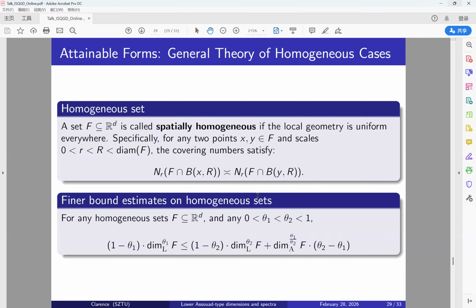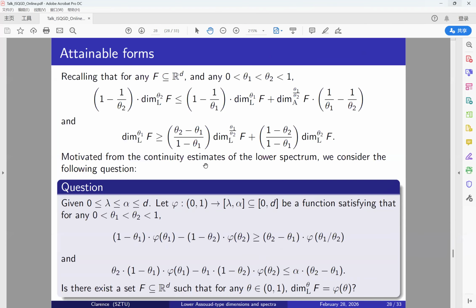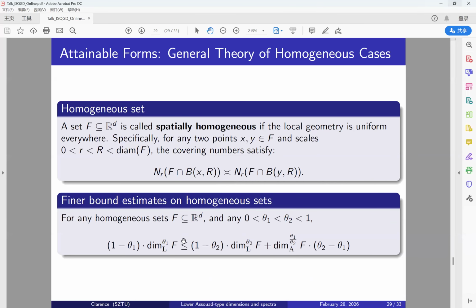So what can we achieve from the homogeneous set settings? For a homogeneous set, we have the following inequalities, and this is a great upgrade from the general case. Since for general cases, it will be just theta 2 times something minus theta 1 times something. But for the homogeneous set, we can erase the theta 1 and theta 2 in this region.